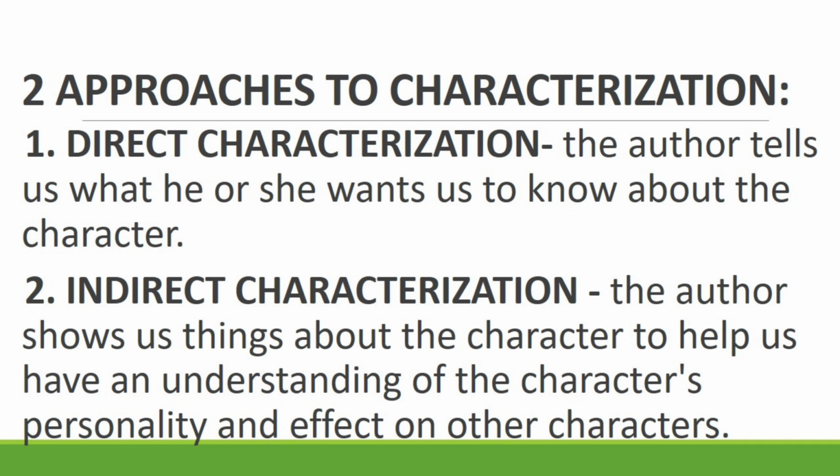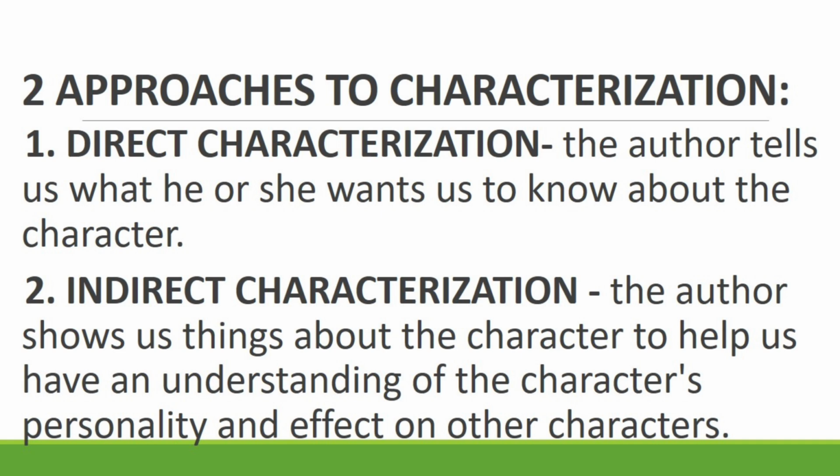For direct characterization, the author tells us what he or she wants us to know about the character, or the writer directly gives the description or the characterization of the character. And for the second one, indirect characterization, the author shows us things about the character to help us have an understanding of the character's personality and effect on other characters.